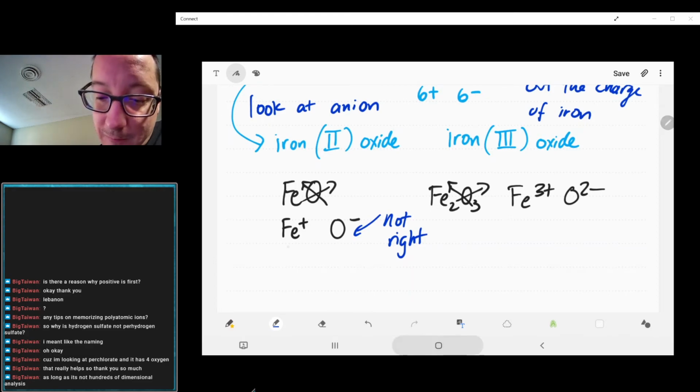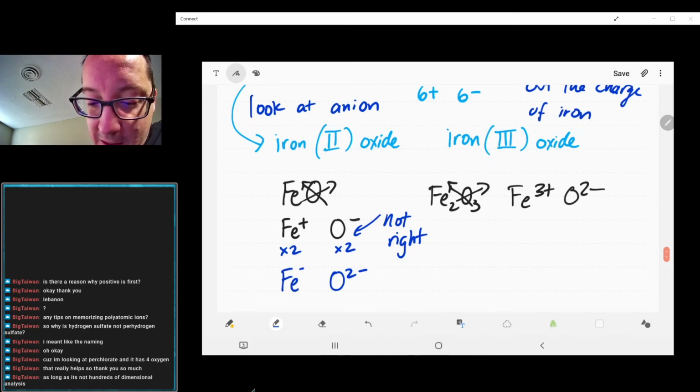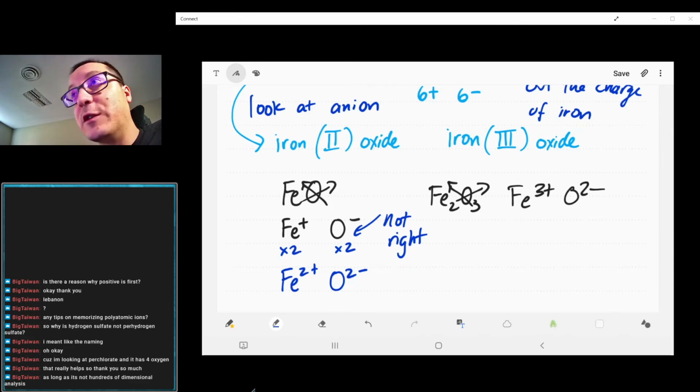So we're going to have to make it minus 2 by multiplying its charge by 2, and therefore we would multiply this guy by 2 as well. So just be careful if you're going to use the reverse crisscross on this one. Sometimes, yeah, it'll get you your answer no problem. Sometimes you just have to think as well. So you can't write iron 1 oxide because O minus is not oxide. Oxide is 2 minus. So make sure that you keep that in mind if you're going to use the crisscross method.